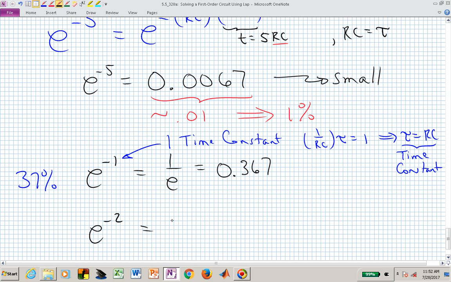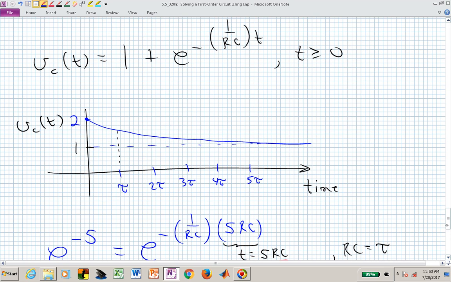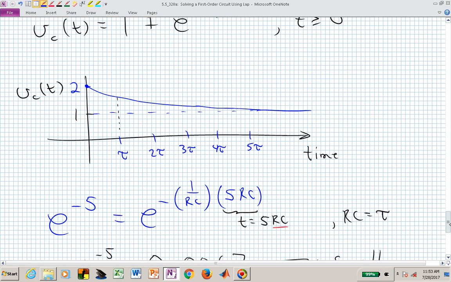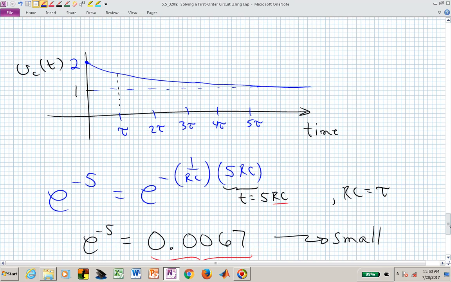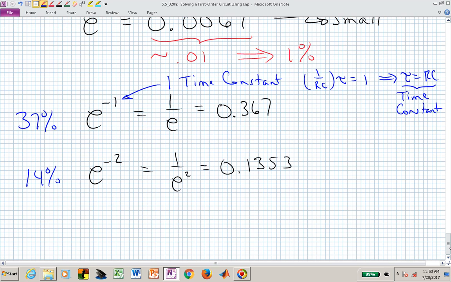If you looked at this, this is now 1 over e squared, or ends up being 0.1353, or roughly 14%. Now we're getting pretty close, and that's not too far into this evolution of our system response. We're now 14% of the distance between our initial value and the final value.